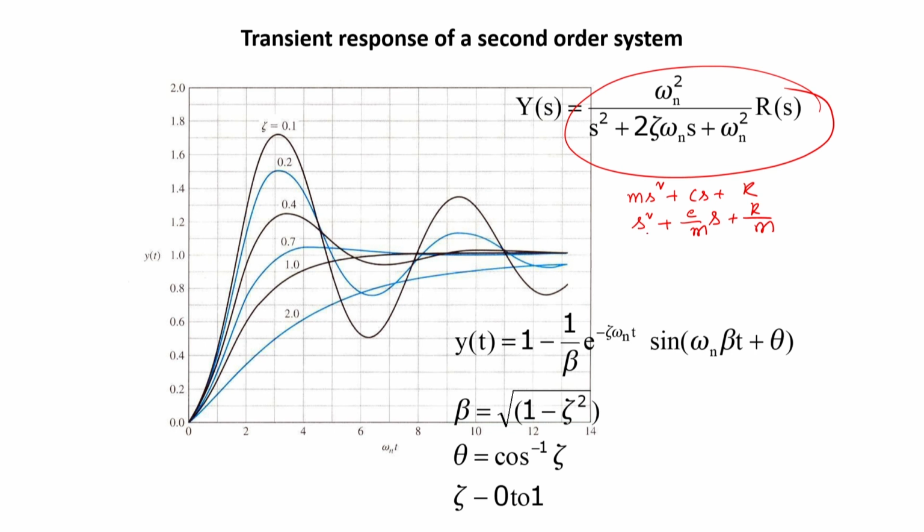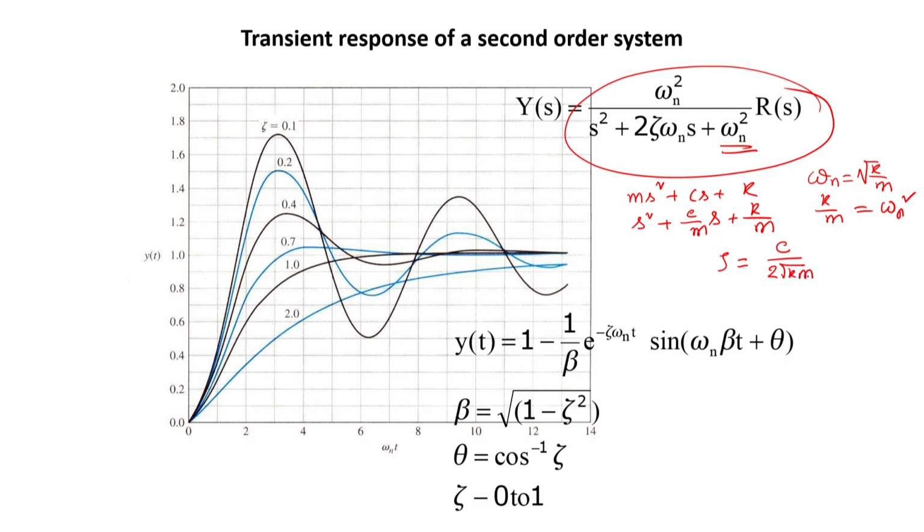Now what happens? We know that omega n is the square root of k by m, which means k by m is nothing but omega n square. So, that is this term. We also know that zeta by definition is c by critical damping, which is 2 root k m.